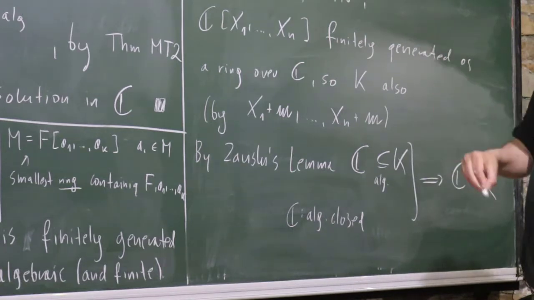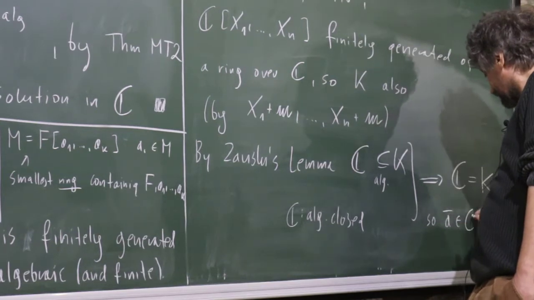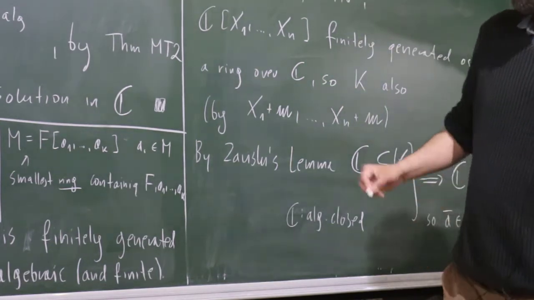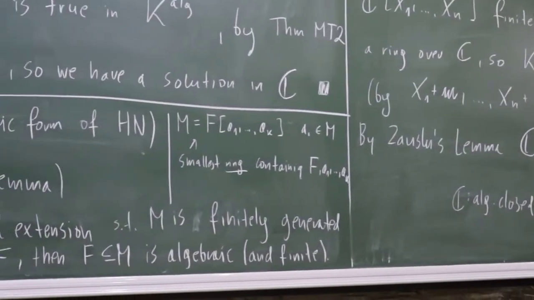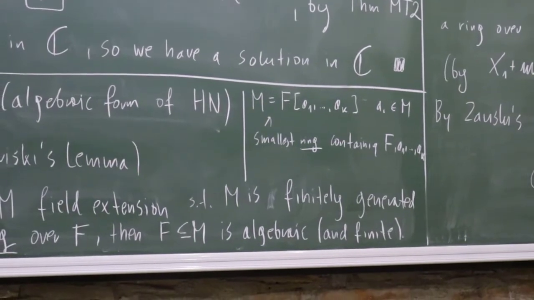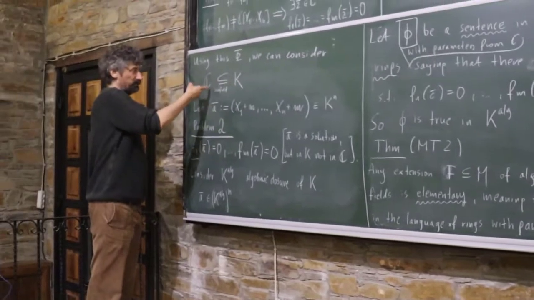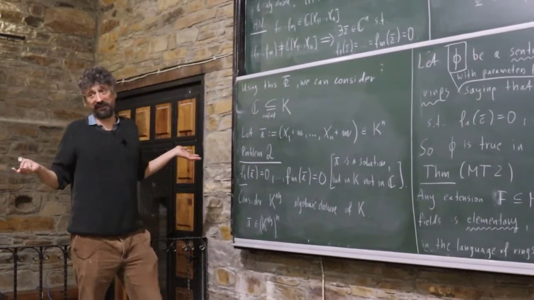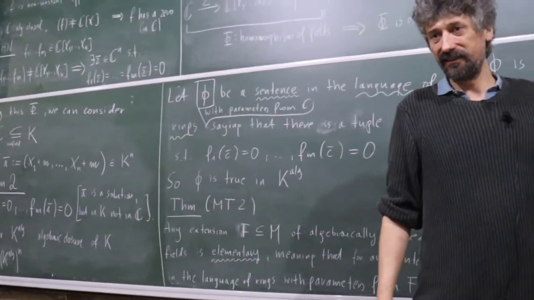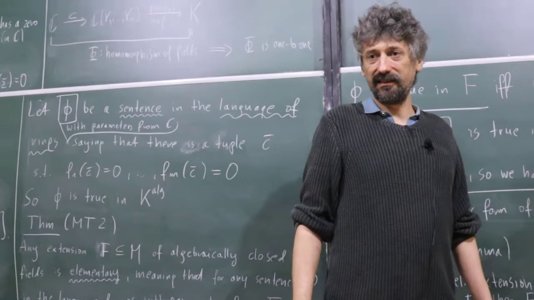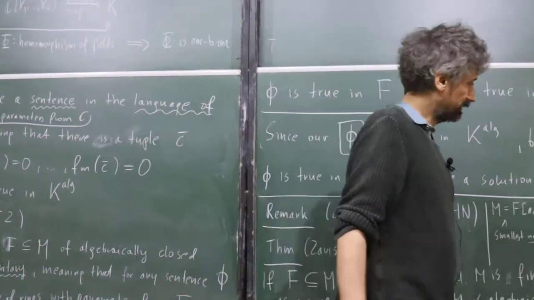Okay, but still, this wasn't a proof because I'm not proving Zariski's lemma. It was just a message on the side that in reality we were not pulling down this solution because it was already there, but we don't know it yet. If it is finitely generated as a ring, then it is algebraic. Yes, yes, field.